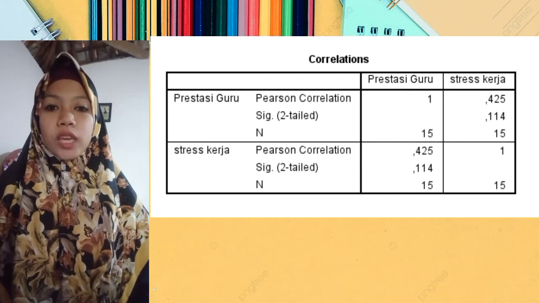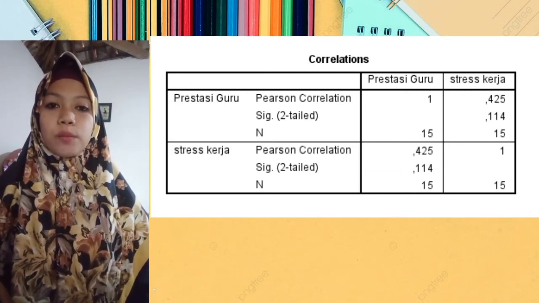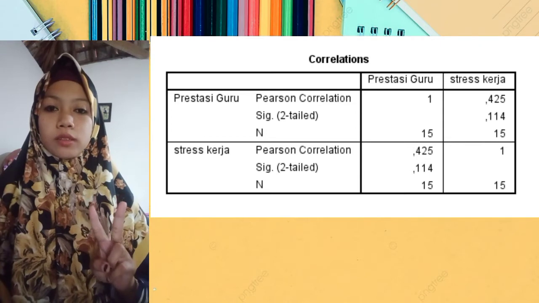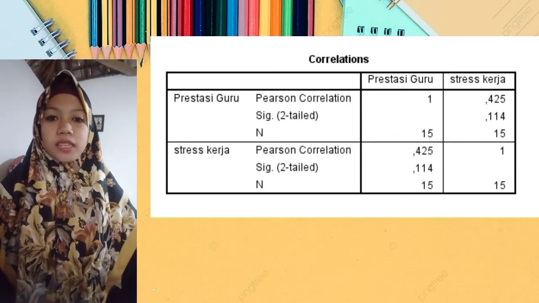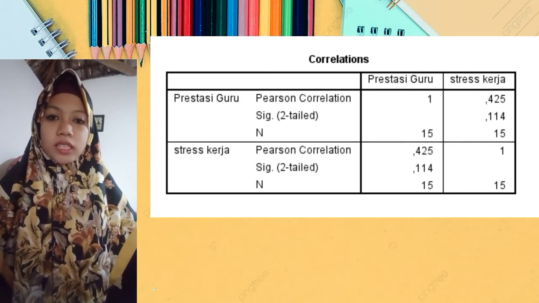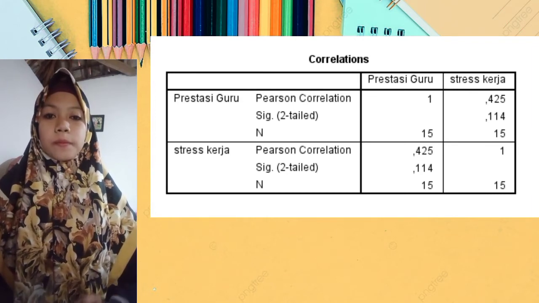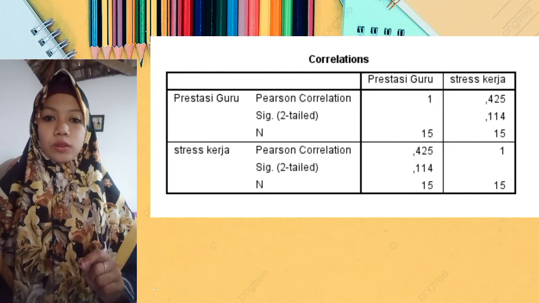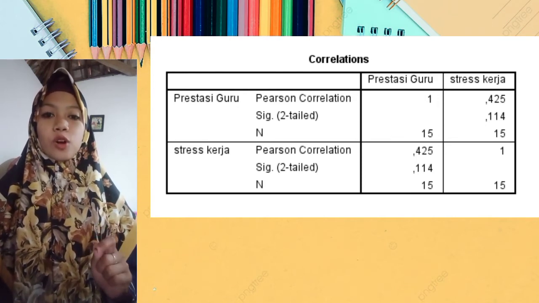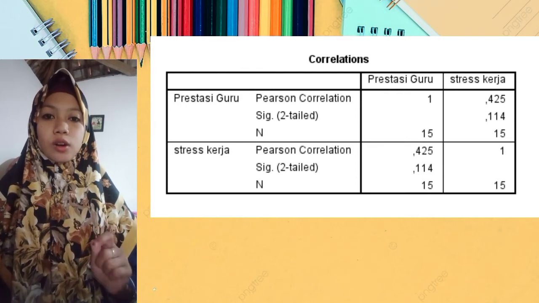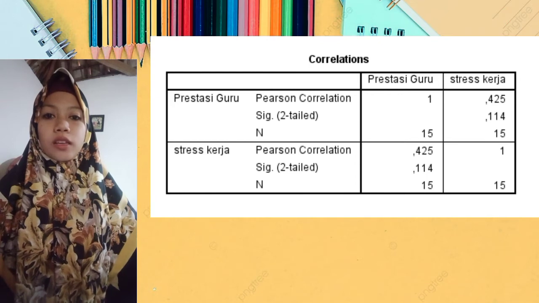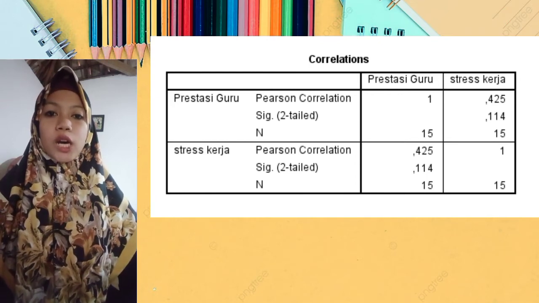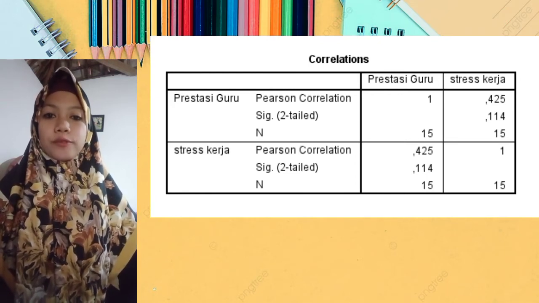From it, we can know the correlation between two variables, whether it is positive or negative. The Pearson correlation of prestasi guru is positive 0,425, same as the Pearson correlation of stress kerja, that is positive 0,425.